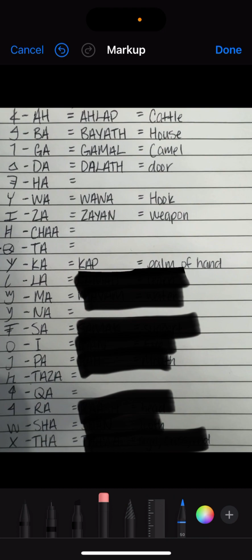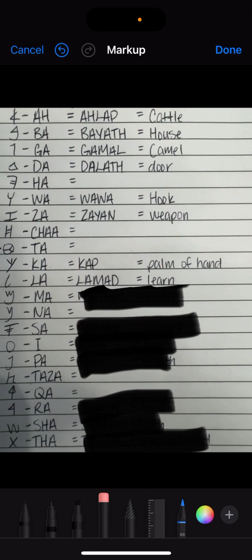I'm going to move down to la. La almost looks like a little hook, and it comes from lamad, and that means learn. Now the next character almost looks like a Y, but it's not.